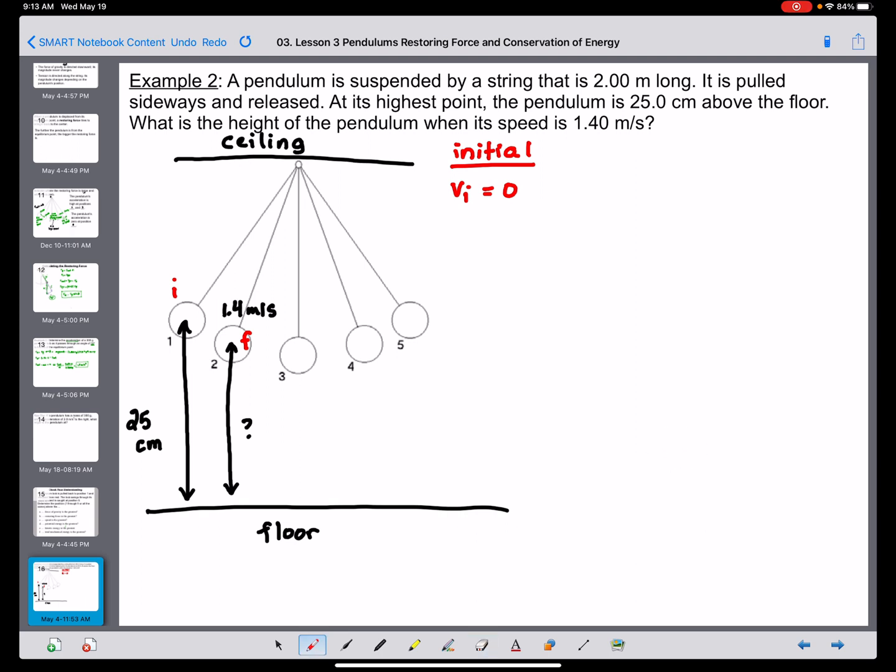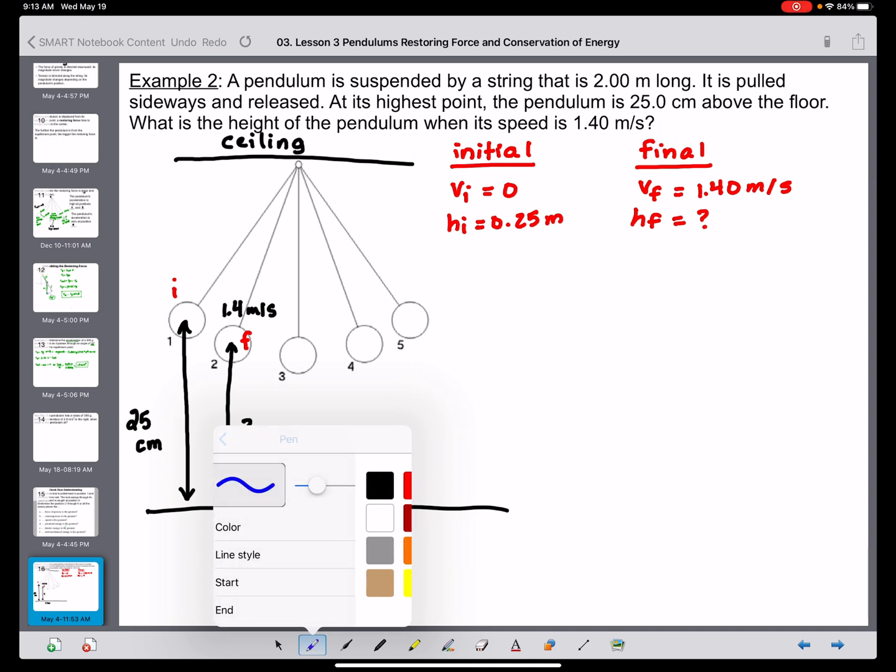And then the height initially is going to be 25 centimeters. We don't really want to work in centimeters though. Let's convert that to meters. And now let's write down what we know about the final snapshot. So we know that the speed at the final snapshot is 1.4 meters per second, and we want to find the height at that point in time.